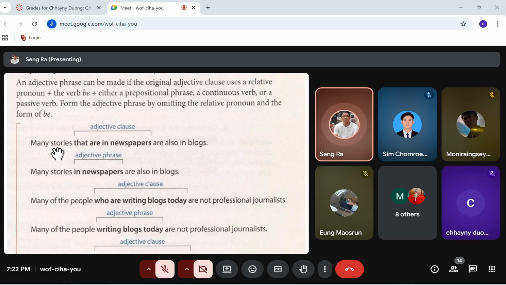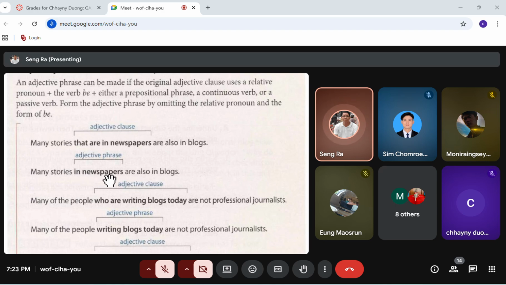but the difference is in the structure you use. Whether you want to use it a little bit more complicated, more complex, so that would be called a complex sentence, or you want to use it as only an adjective phrase, a modifier, which is a simple sentence. So many stories in newspapers are also in blogs. So the modifier, usually a noun modifier, is an adjective.